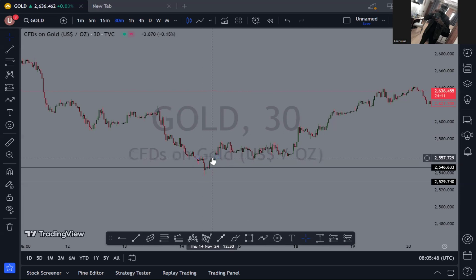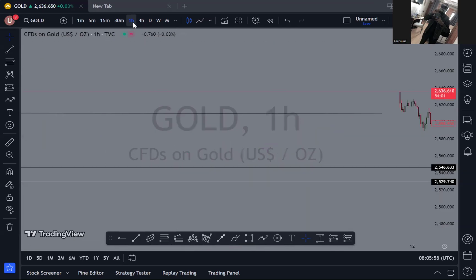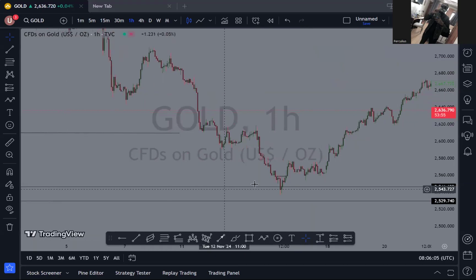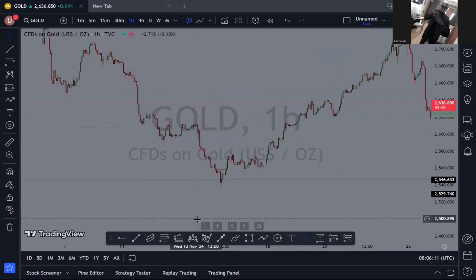Like did the price change character on two time frames? If 30 minutes, it must validate within a 1 hour. So I'm going to 1 hour and look if there's a change of character. So yeah, you can see two places at once. Price broke from the BOS. And so this is my confirmation.